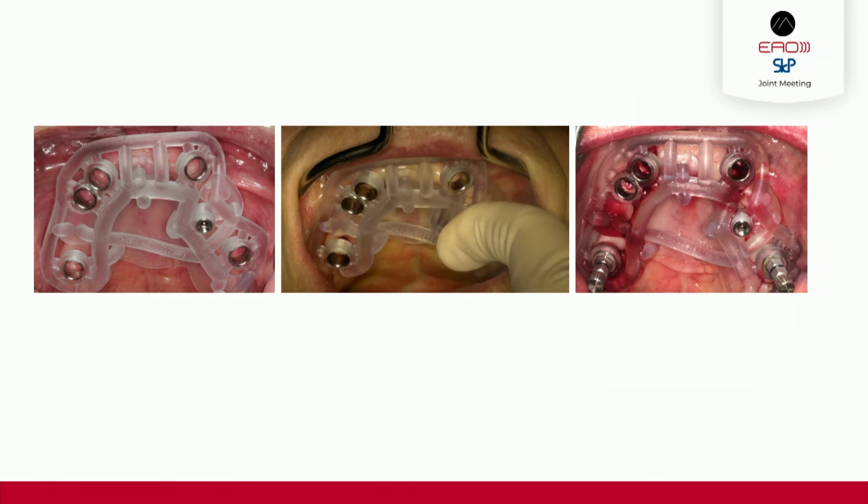However, we need to make sure that the guide sits in the proper relations with the soft tissue before we even inject anesthesia, just to make sure that we are in proper calibration, in proper position. This is going to be probably the most important stage in order to make sure that the outcome is going to be reliable. So yes, of course, guided surgery for full edentulous cases is extremely reliable.